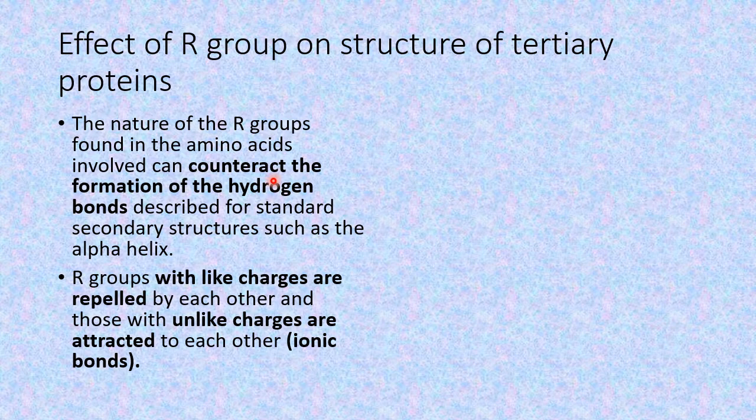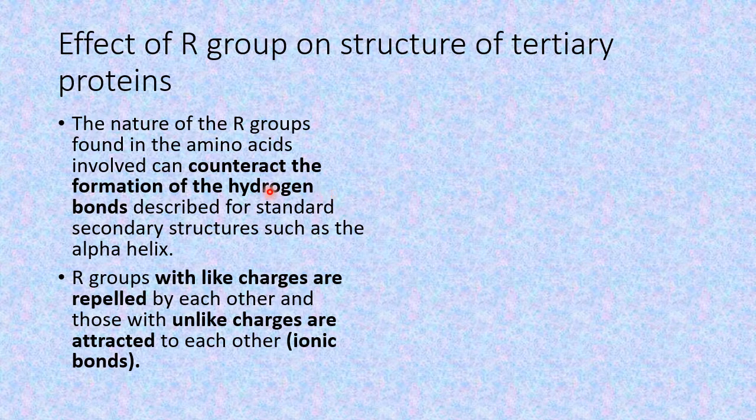So, depending on the nature of the R group, different types of bonds are present which stabilize the tertiary structure or the 3D structure of a protein. Now, at times, these interactions even interfere with the hydrogen bonding of the basic chain, say of the alpha helical structure.